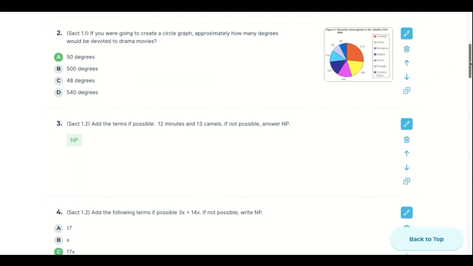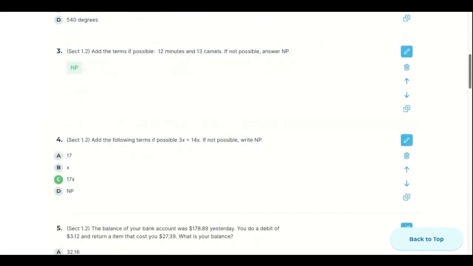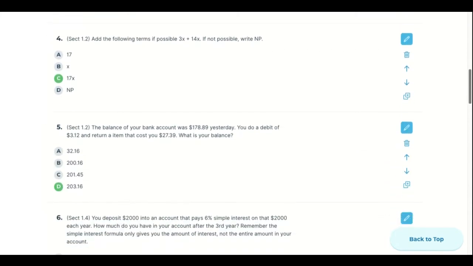Okay, next question is number 3. Add the terms if possible. Minutes and camels are not the same unit, and there's no way of converting minutes into camels, so that is not possible. Okay, number 4, add the terms if possible. Yes, you can add these because they both contain the same variable, x, and the power on the x's that you see in each of these terms are both x to the first degree.